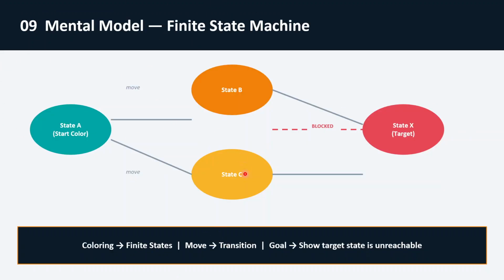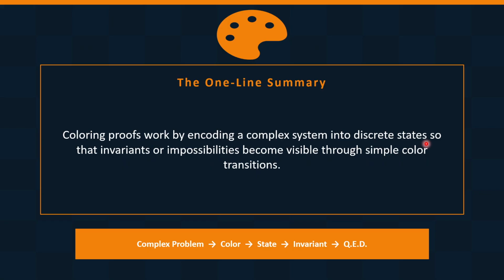This is just a mental model: state A, start coloring, state B, you choose a different color, then state C, a different color again, and finally you come to state X. That is the target, copying down the colors.